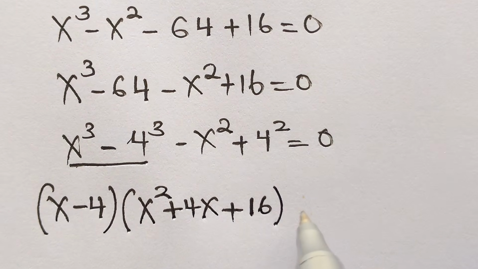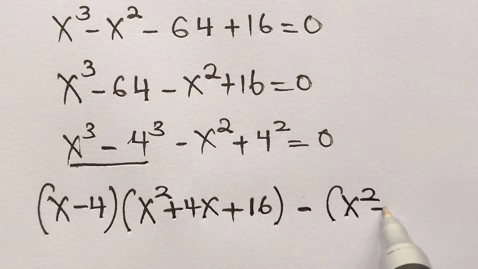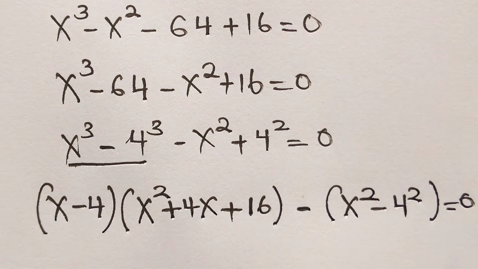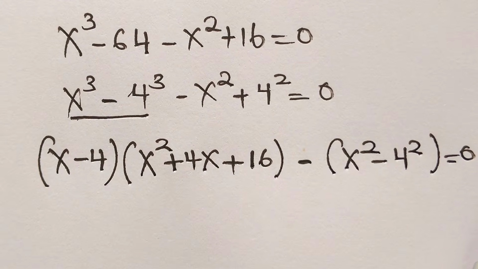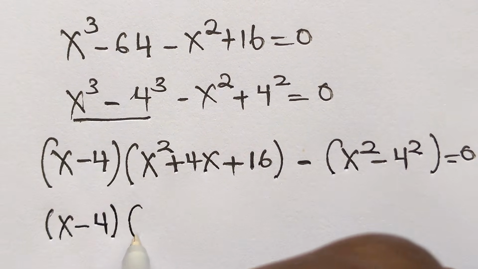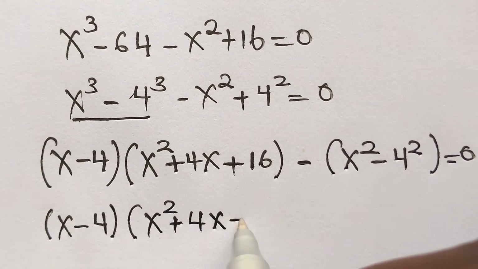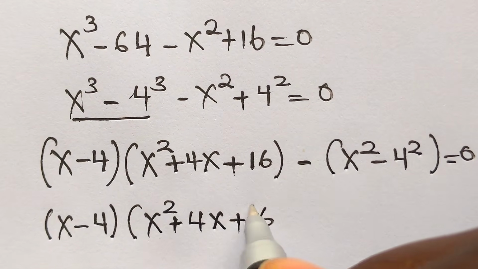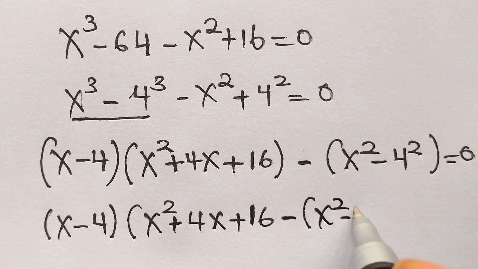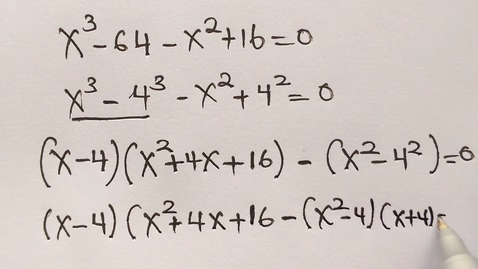Then minus x squared minus 4 squared, and this is a difference of two squares. This is x minus 4 times x squared plus 4x plus 16, then minus x squared minus 4, which is x minus 4 and x plus 4, equal to 0.